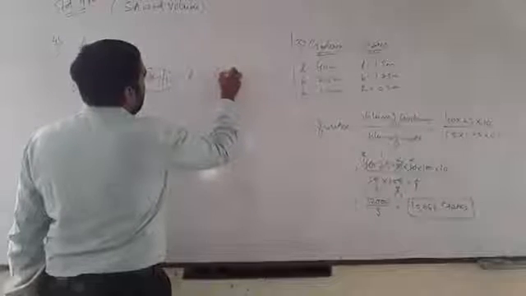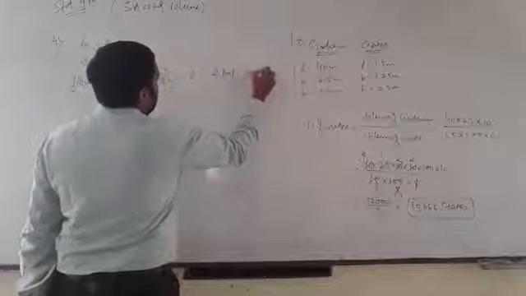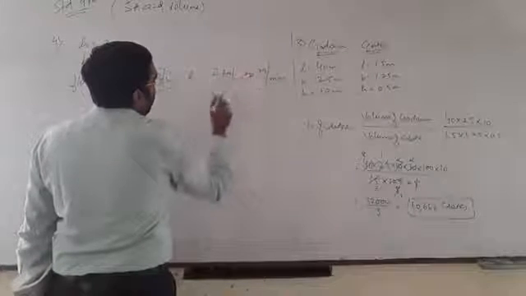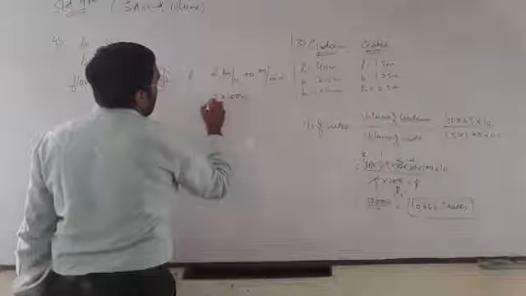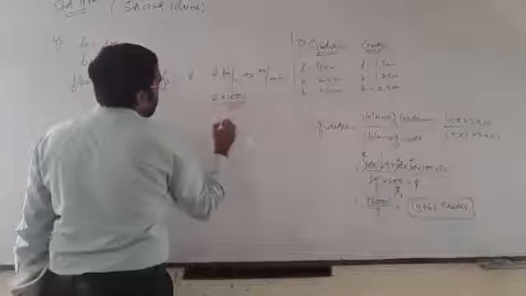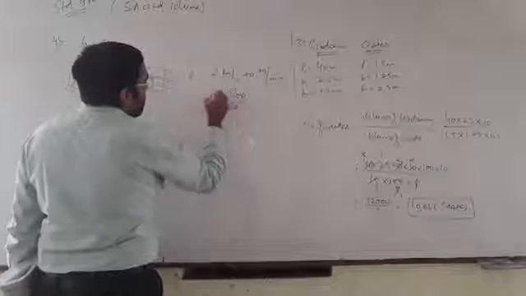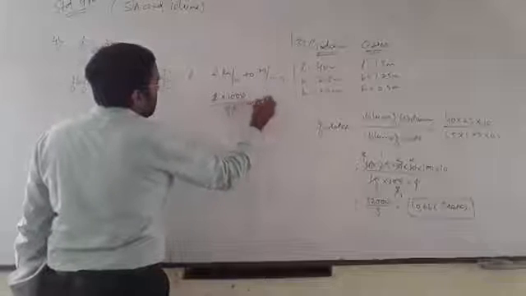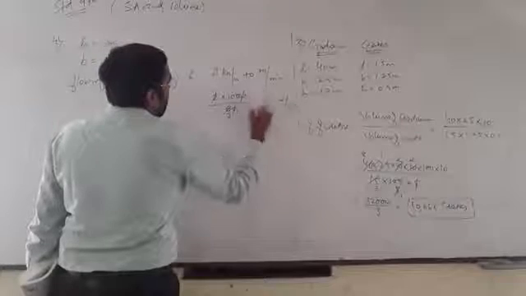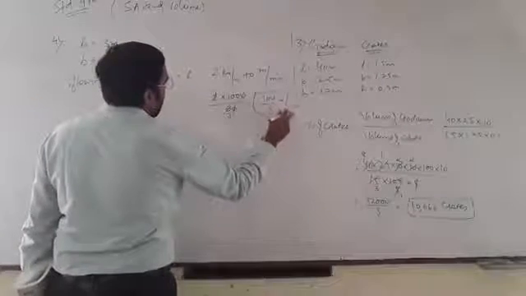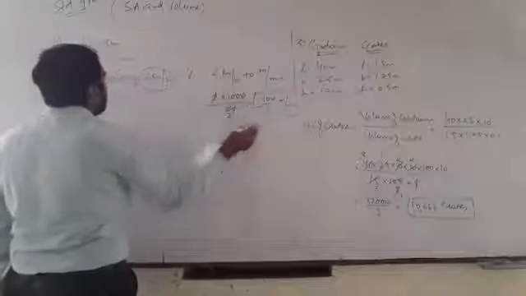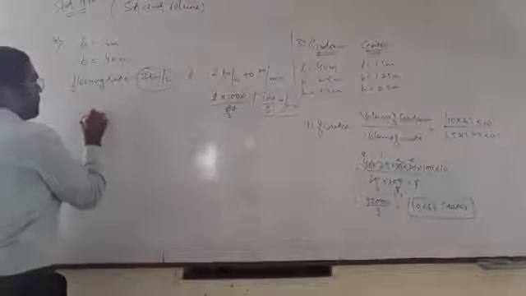For 2 km per hour to meter per minute, for kilometer to meter we multiply by 1000, and for hour to minute we divide by 60. Now the zeros cancel out, 2 1s are 2, 2 3s are 3, so it is 100/3 meter per minute. My flowing rate is 100/3 meter per minute, and we take this flowing rate as the length of the river.